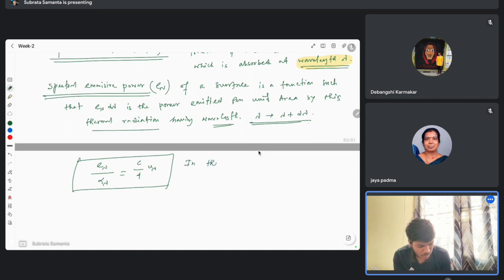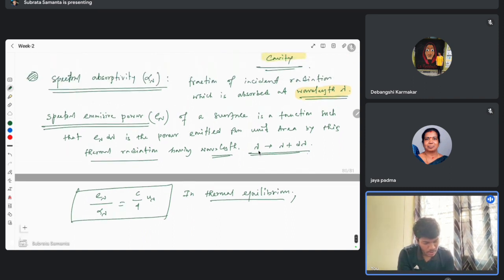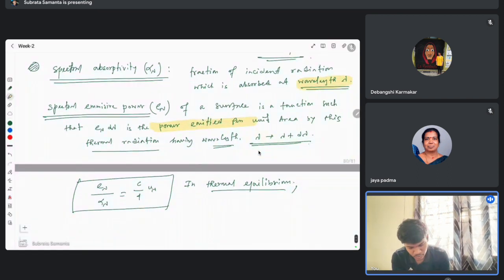In thermal equilibrium, the power absorption equals the power emission. So these two powers are equal.